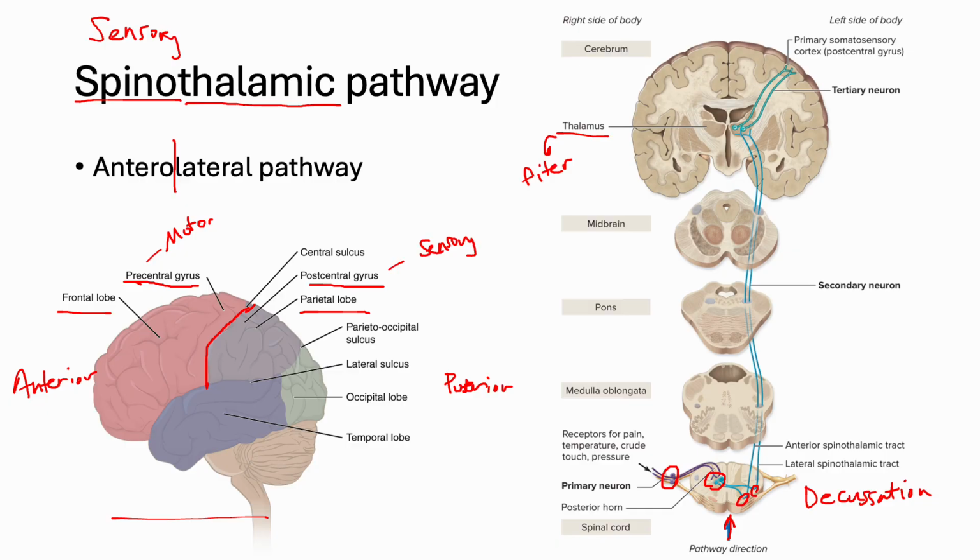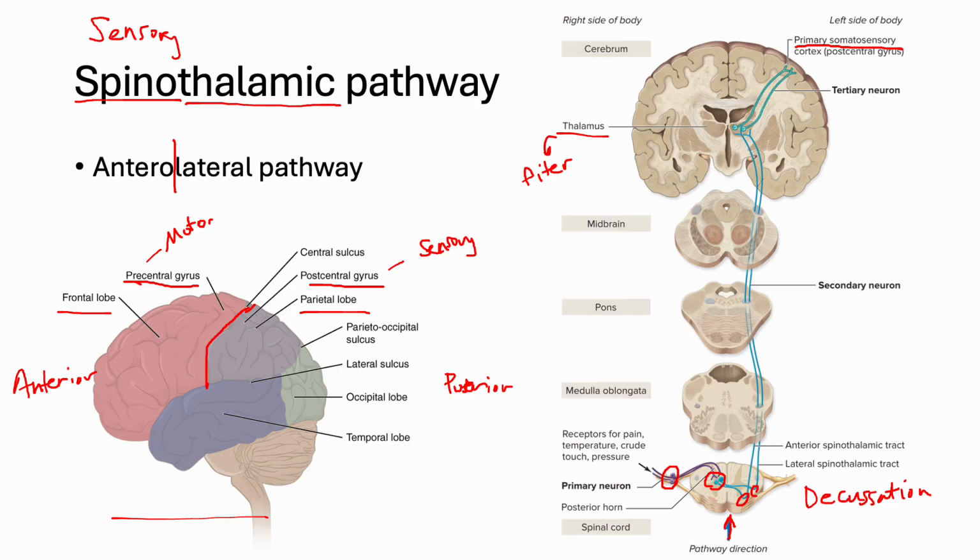If you think about it, if you're wearing clothes, or there's background noise where you are, the thalamus is constantly filtering out information that doesn't need to go to the cerebral cortex, or that does. So the third order, or tertiary neuron, then extends from the thalamus to the primary somatosensory area in the postcentral gyrus of the parietal lobe. So that's the end of that.